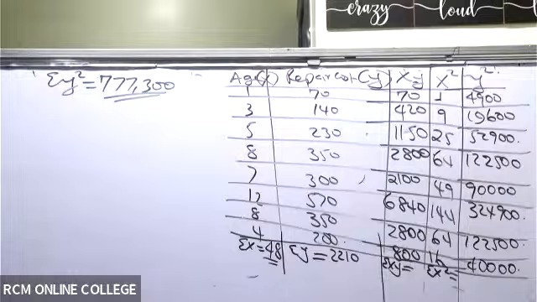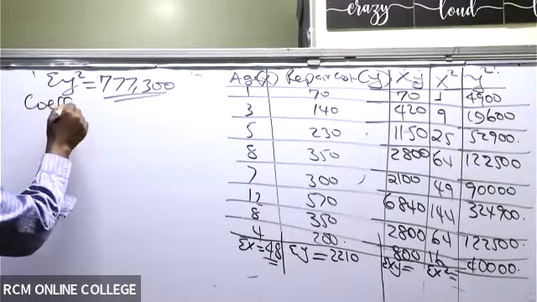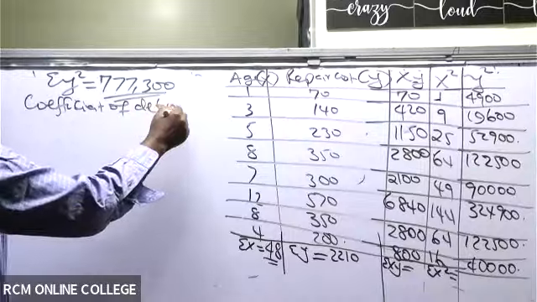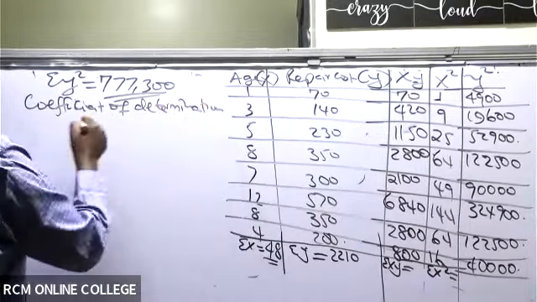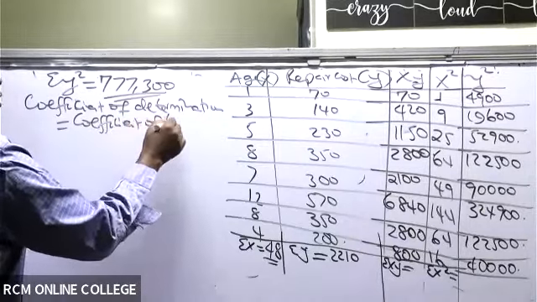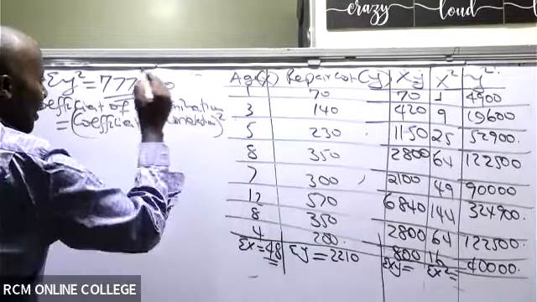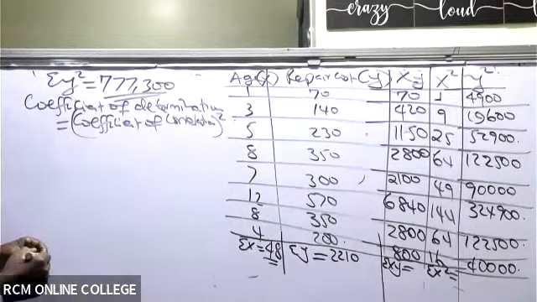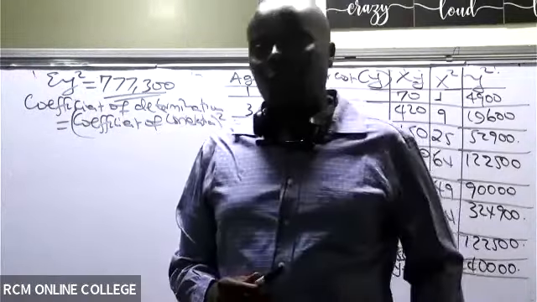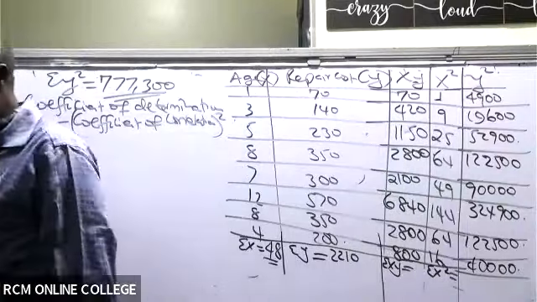Now remember the easiest way of getting the coefficient of determination: coefficient of determination equals coefficient of correlation squared.